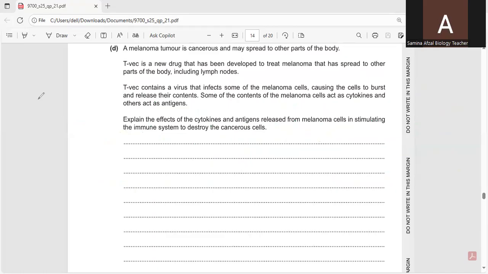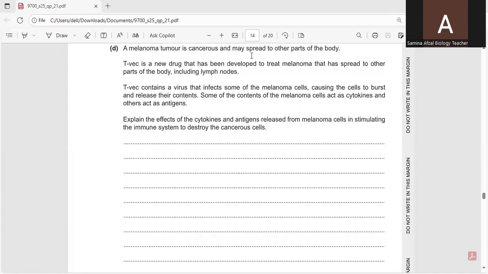T-VEC contains a virus that infects some of the melanoma cells, causing the cells to burst and release their contents. Some of the contents of the melanoma cells act as cytokines and others act as antigens. Explain the effects of the cytokines and antigens released from melanoma cells in stimulating the immune system to destroy the cancerous cells.